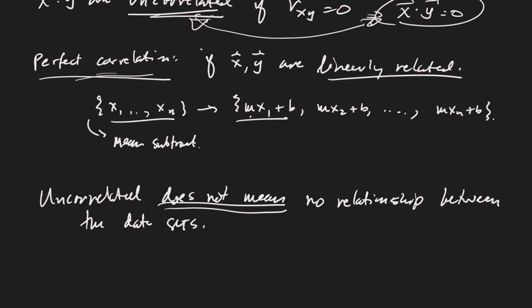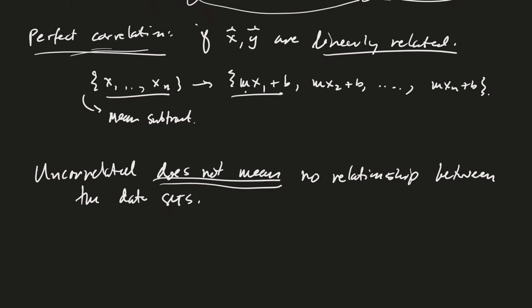What do I mean by that? That's because our measure of uncorrelated is only looking at linear relationships, not nonlinear relationships.